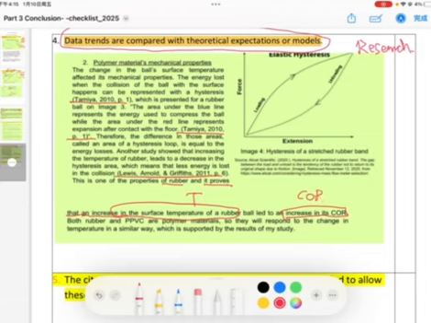So COR is a quantity used to describe how a ball is bouncing. So he investigated how the temperature will affect the COR.